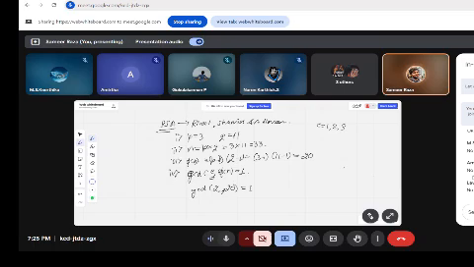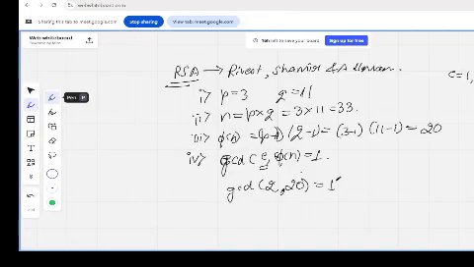Okay, Nandini, are you able to understand? Now I am explaining how to calculate the GCD. Till now there is no problem, so I am moving forward.